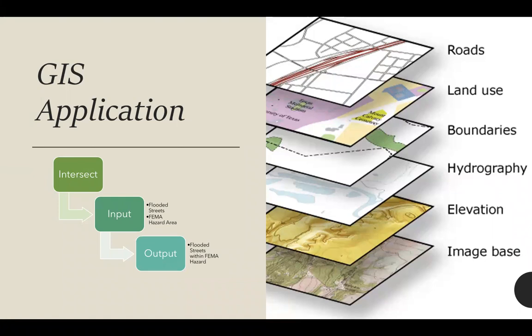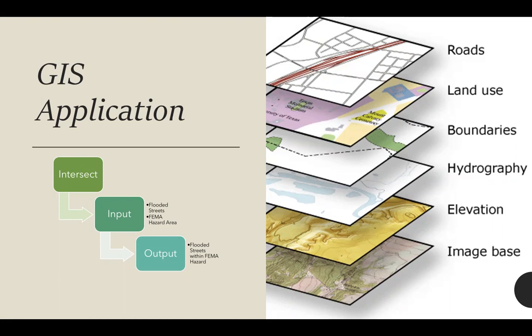Geoprocessing tools such as intersect, select layer by attributes, clipping, and converting layers were used, as well as adjusting the symbology. One common tool that I used in our GIS was the intersect.